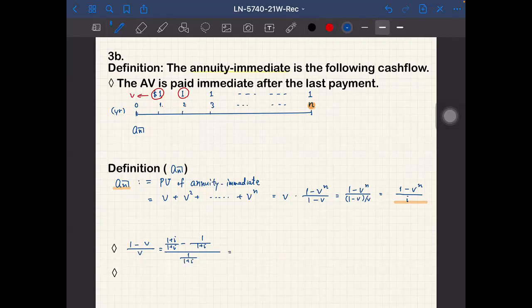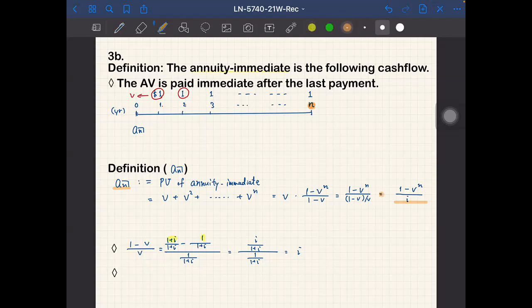Okay, so the entire numerator is (1 plus i) minus 1 over (1 plus i). So that is i over (1 plus i). Then the denominator is 1 over (1 plus i). So you can see that the (1 plus i) cancels. So this is i. So that justifies the last equality of the last equation.